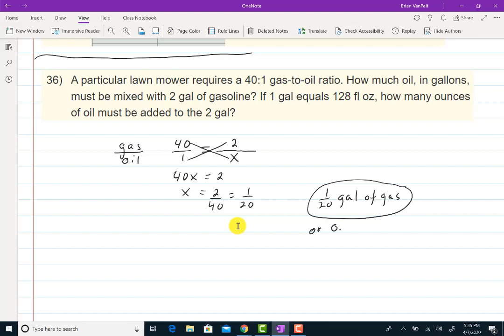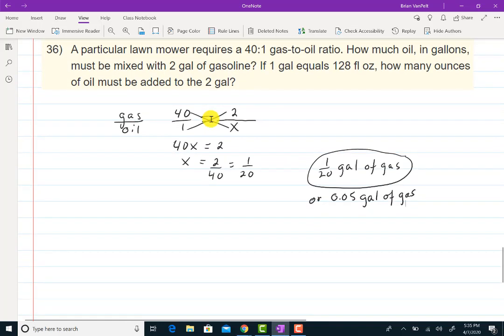Or 0.05 gallons. For that, you just have to do long division, 20 going into 1.0. Now there's a second part to this question. If 1 gallon is 128 fluid ounces, how many ounces must be added to the 2 gallons?